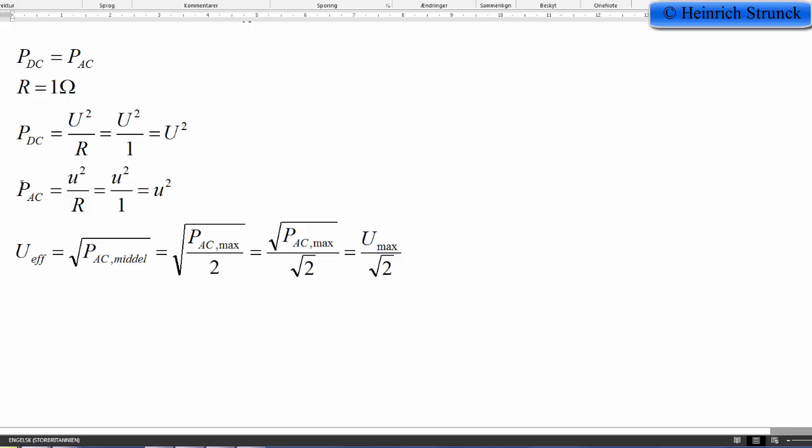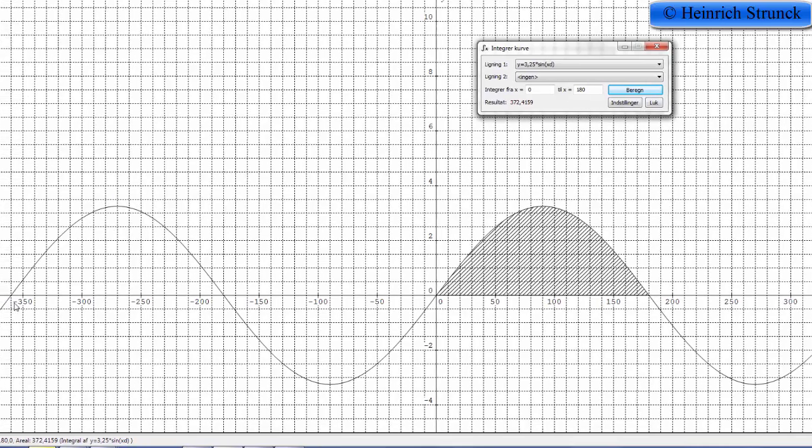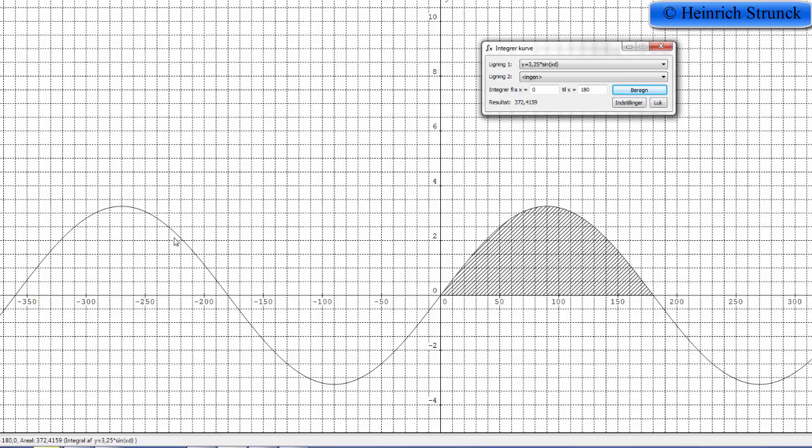The power for AC is also the voltage squared divided by the resistance. I just have put in a lowercase letter u to get the instantaneous value, because if you see the sine curve, the power will change all the time when we connect it to AC voltage. So here, when the voltage is 0, the instantaneous value for the power is 0.